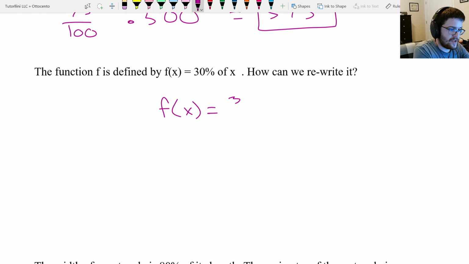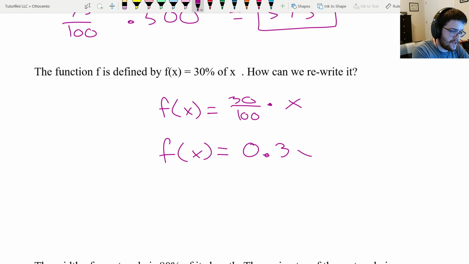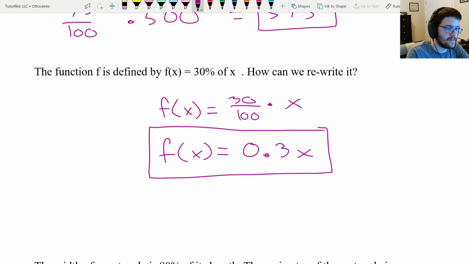So I'm going to do 30 divided by 100, change the of to multiplication. 30 divided by 100 is 0.3. So we can rewrite this expression as 0.3x. You can imagine for a longer problem, that might be really important that you know how to do that.